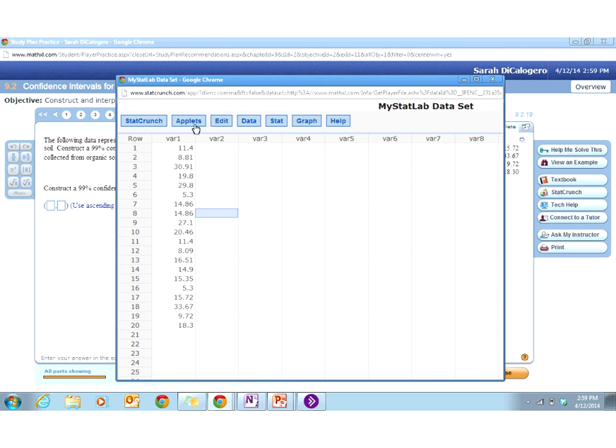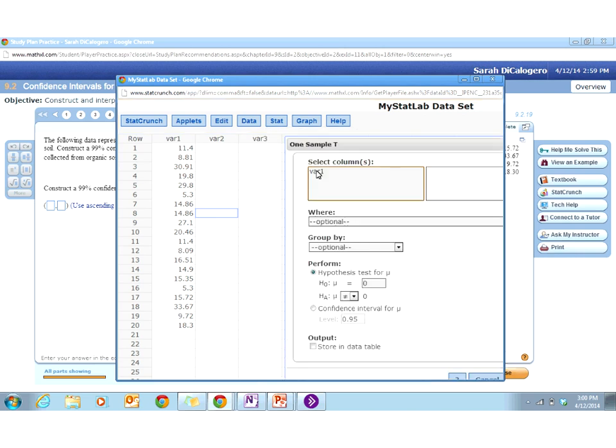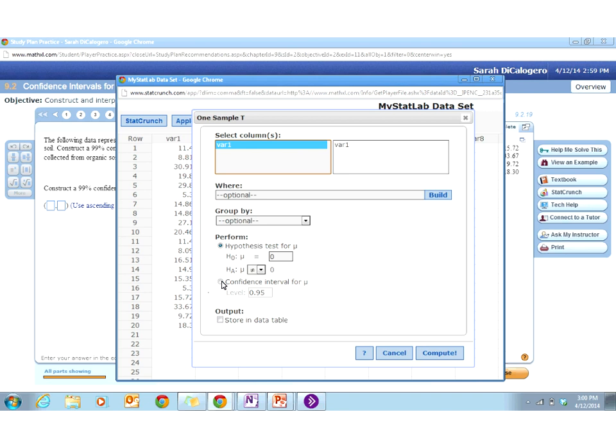Okay, so I have all my data, and I'm going to go stat T, one sample with data. So my data is in column 1, and we just have to click on confidence interval and put 0.99 and compute.